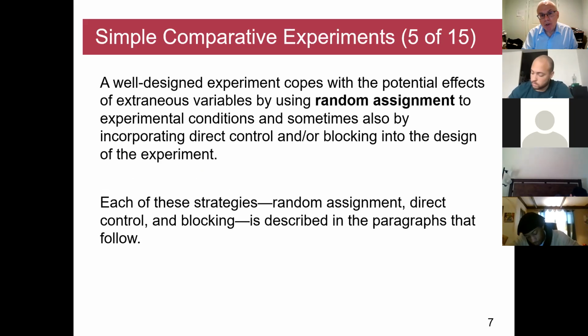So what does a well-designed experiment do? One of the things that you can do is random assignment of experimental conditions to people or things, whatever is the unit of measure, the persons or things that are being measured, all right? It could be people, it could be fish, whatever the units of the experiment are. You randomly assign treatments to them.